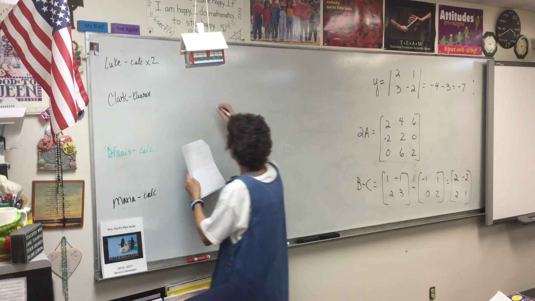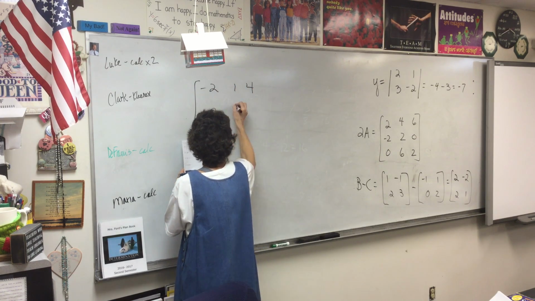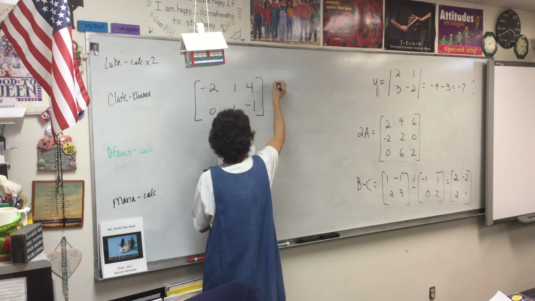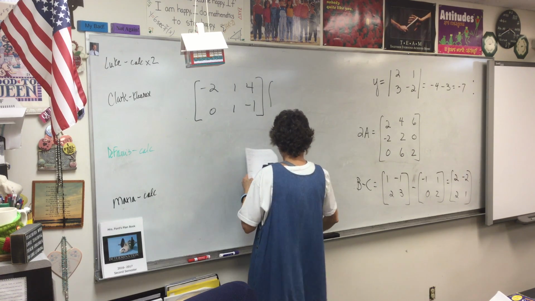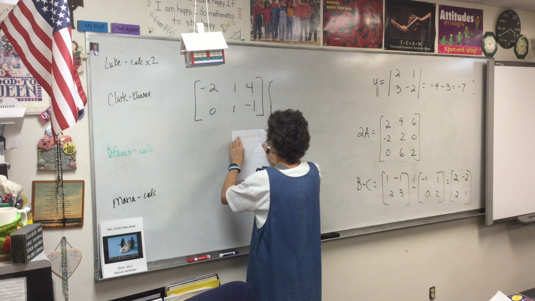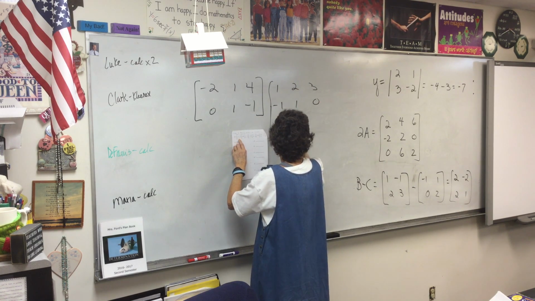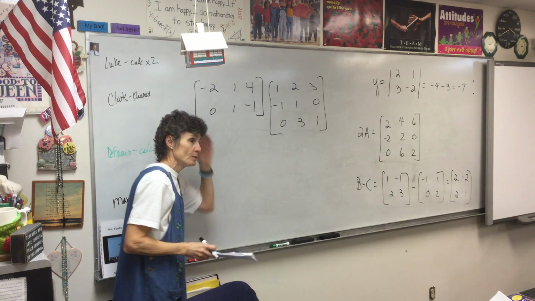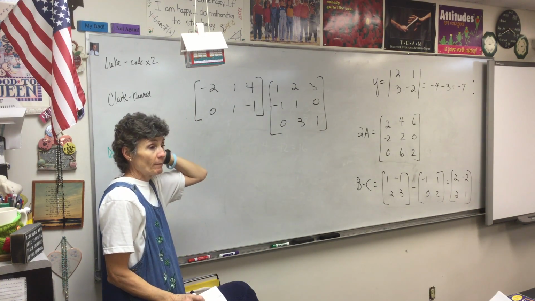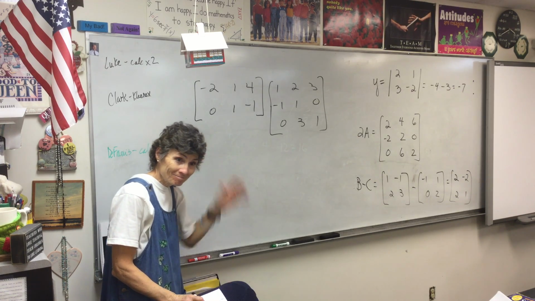All right, DA. There's D and A. I'm going to multiply these two together. But before I do, I'm going to make sure I can. Remember how to do that?